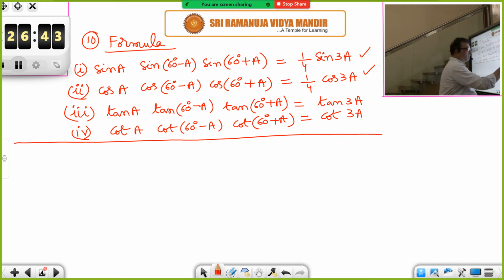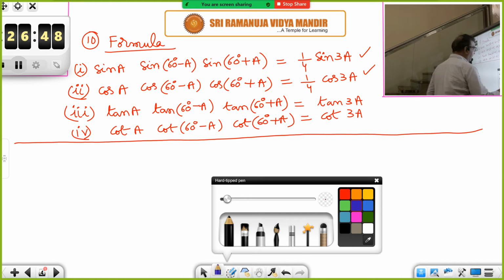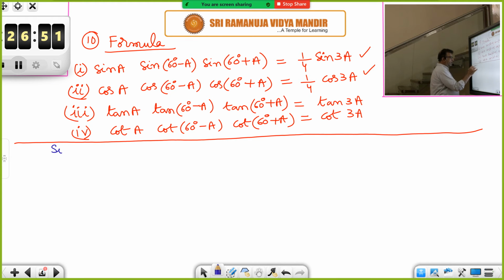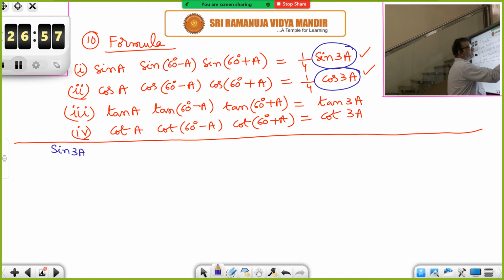So let us start. Before starting, can anybody give me the formula for sin 3A and cos 3A? Because here sin 3A and cos 3A are there in this formula. Sin 3A, what is the formula? Who is going to give?